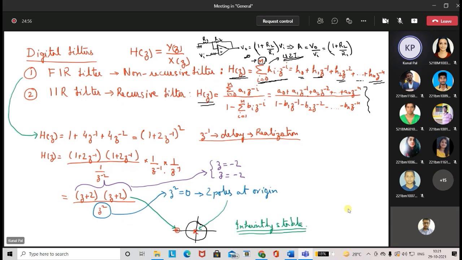So we get two polynomials, which may be regarded as P(z to the power minus 1) by Q(z to the power minus 1), which I was discussing a few moments before.